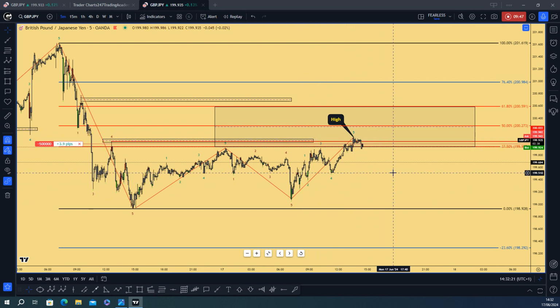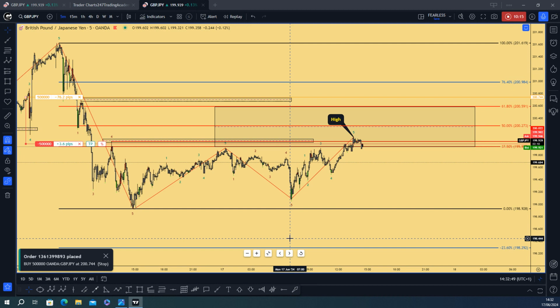Now my job has finished. I've executed the trade because I believe this is a high, and I'm going to start to manage my trade, because there are still some buyers. They may feel there's still more room for them to go up, they might push the price up. So I know, in order for me to remain a seller, price must not come above here.